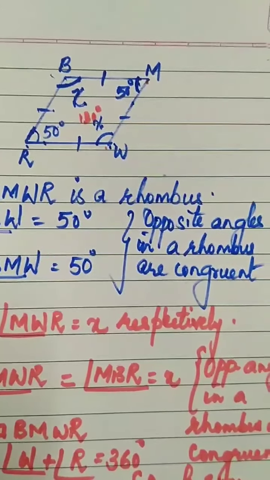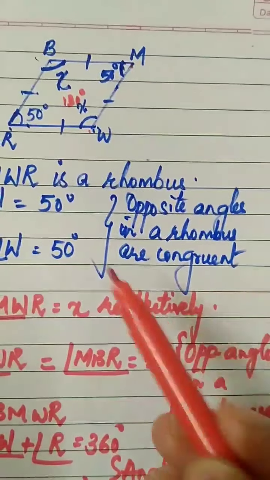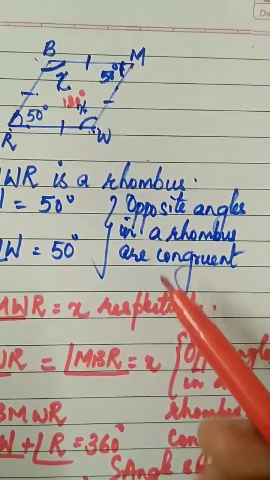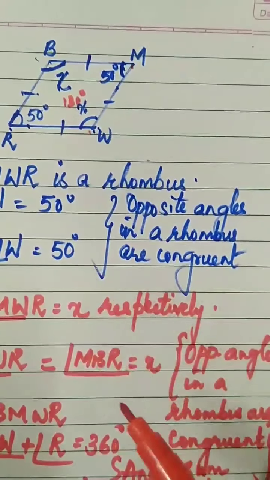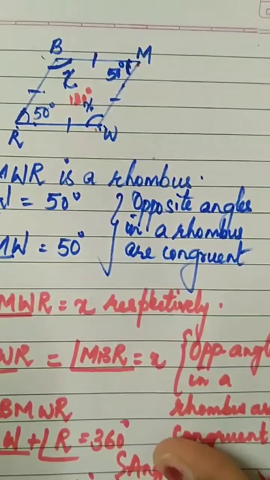Okay, so write the final answer. No need to write again that opposite angles in a rhombus are congruent. We have written it two times. Now directly we will write the final answer.